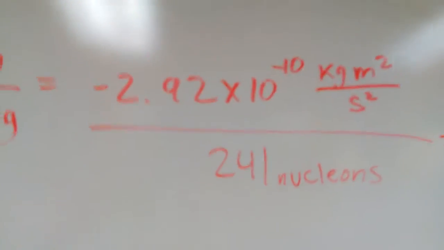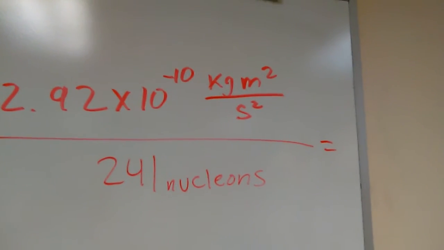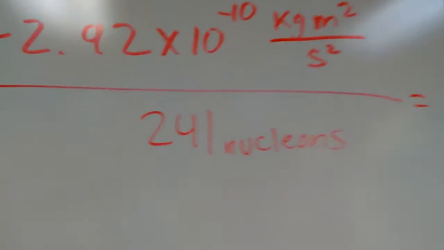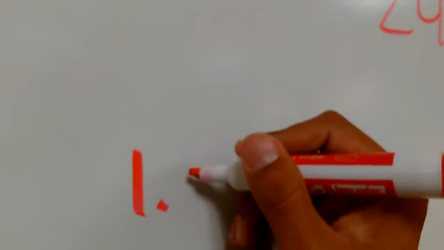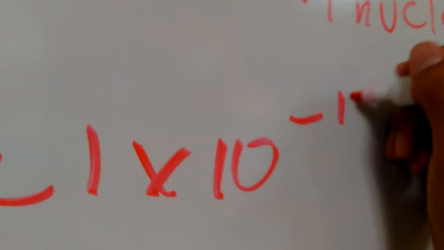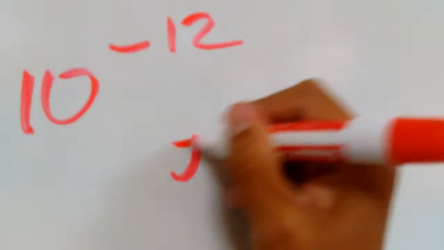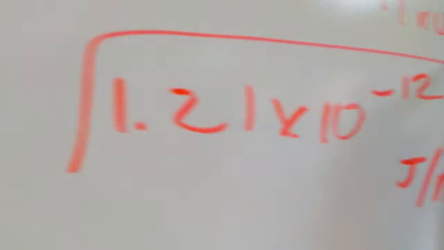And once you do this equation, our actual nuclear binding energy should be 1.21 times 10 to the negative 12 joules per nucleon. So this is going to be our overall answer here.